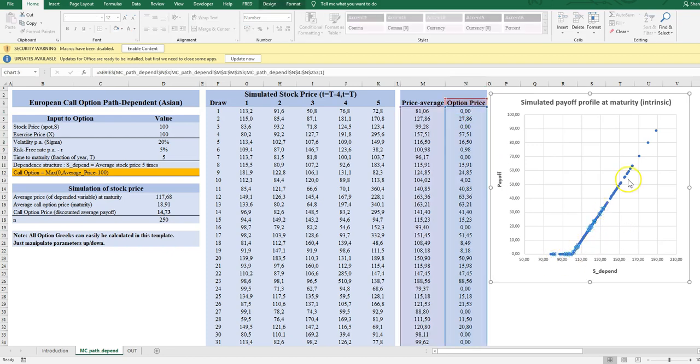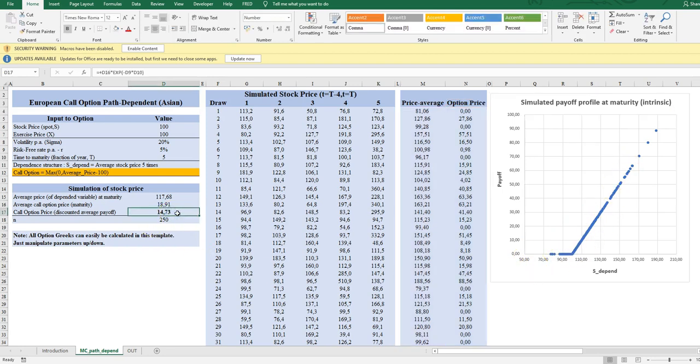And we see it here, how the asymmetric behavior is, the hockey stick as we call it. So yeah, the price of the option is almost $15, but then on the other hand you get an upside that the average stock price will drift upwards, and you have no further downside.